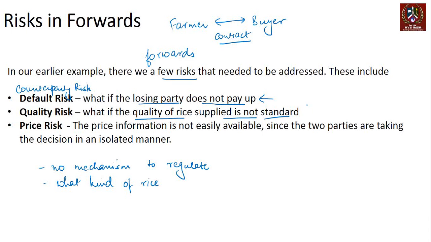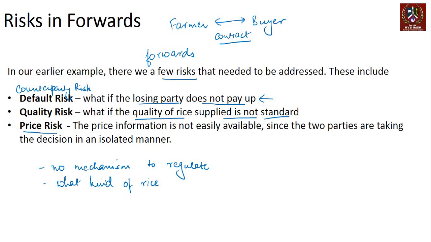In which case the farmer might sometimes feel that the quality is better than what 90 rupees commands. The buyer might feel that the quality is worse than what 90 rupees commands. So both the parties could essentially at various points of time, depending on the outcome, be dissatisfied with what is happening. The third one is called price risk.